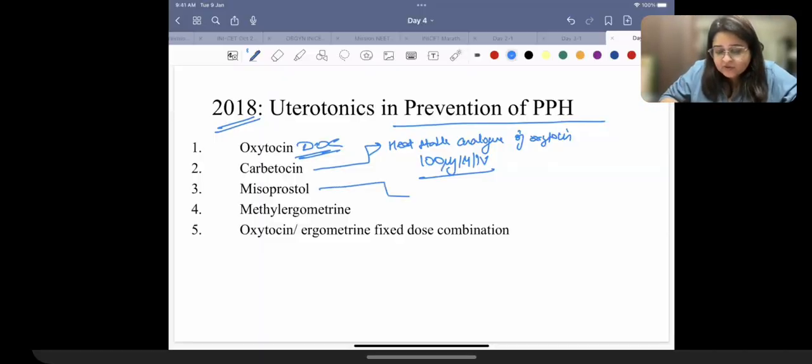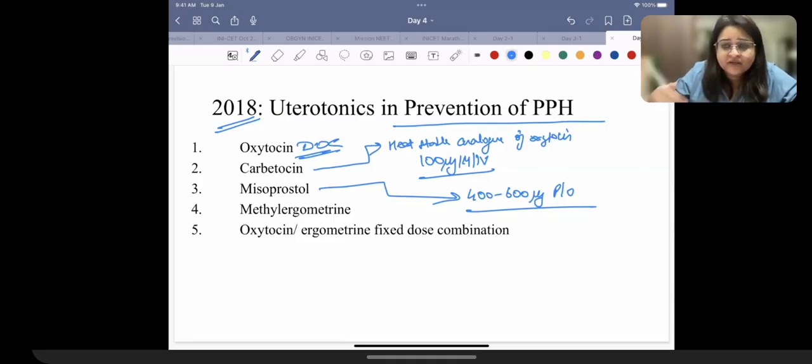Then you have misoprostol. Misoprostol we've discussed. For prevention, the dose is 400 to 600 microgram oral tablet. Misoprostol is preferred in those areas where you don't have any doctor, any nurse, any skilled birth attendant. Just you don't have anybody who knows how to give an injection.